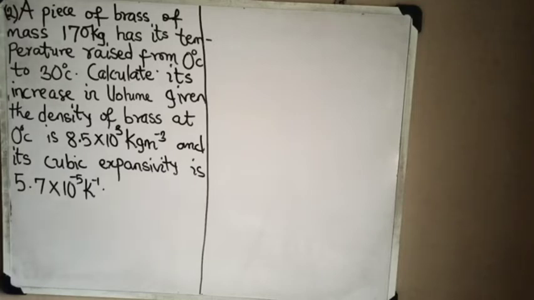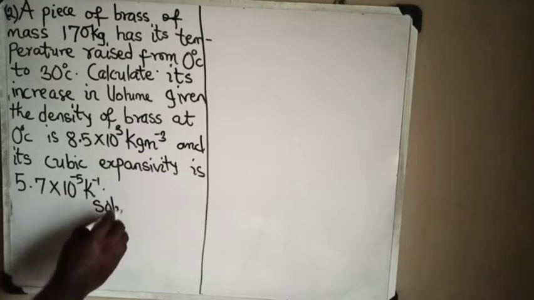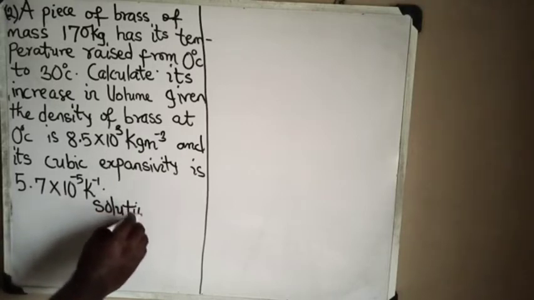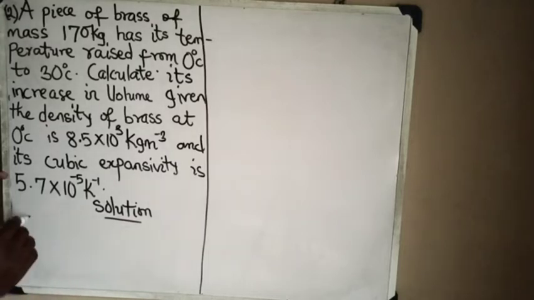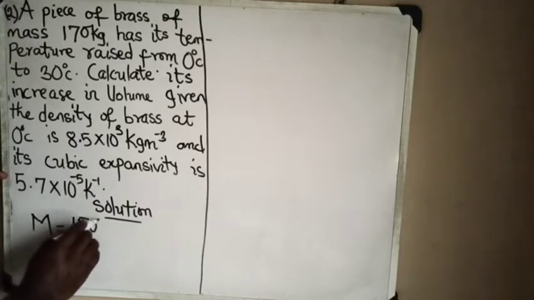Alright, let's have this. First of all, we write out the parameters that are given to us. Here we have our mass, the mass of the brass, M, is equal to 170 kg.